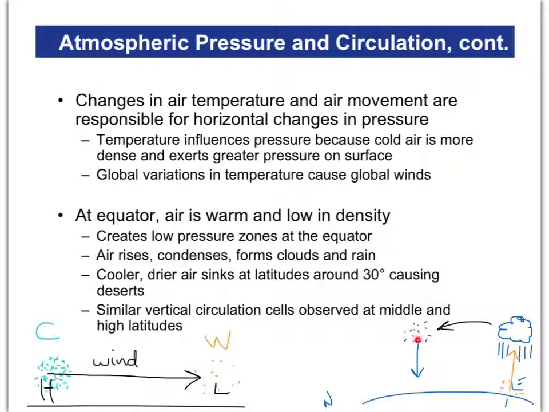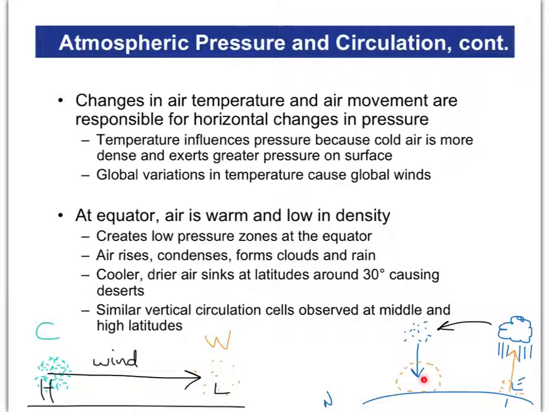Well, when it sinks back down, you know that if you rise up, it gets cold. If it sinks back down, it gets warm. Well, warm air can hold a lot more water vapor than cold air can. And so what's going to happen is it's not going to condense, but it's going to sink down and warm up and turn into a dry mass of air. So really the opposite thing happens as you move towards the equator as what happens at the poles.